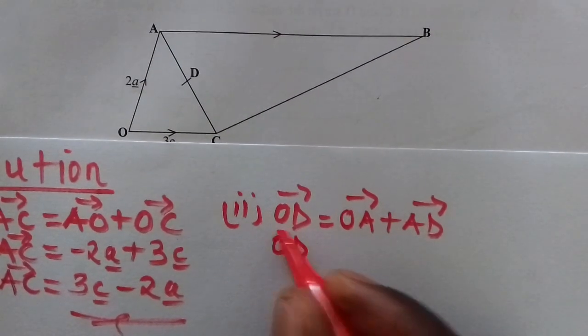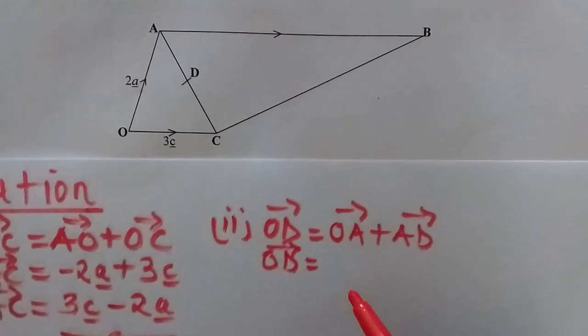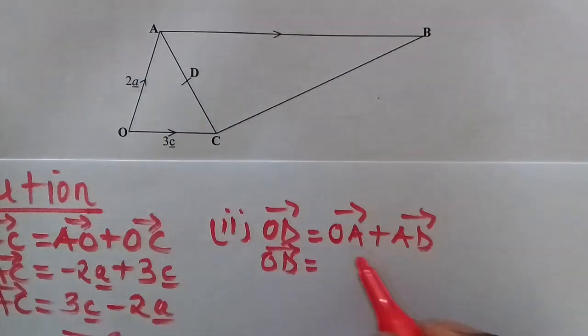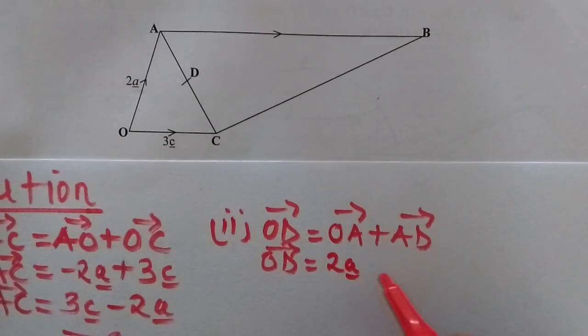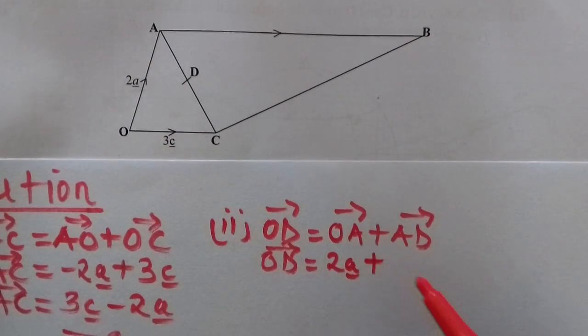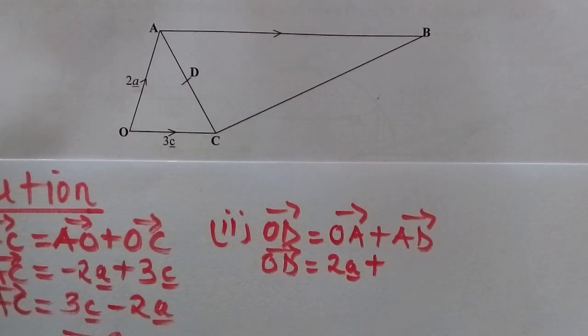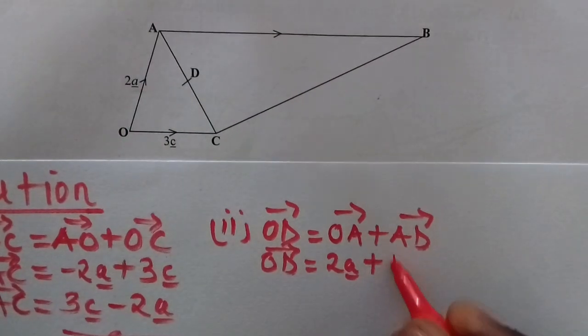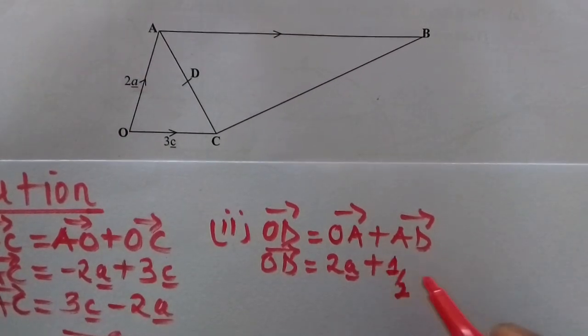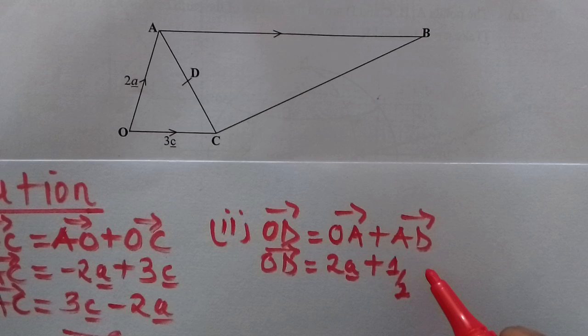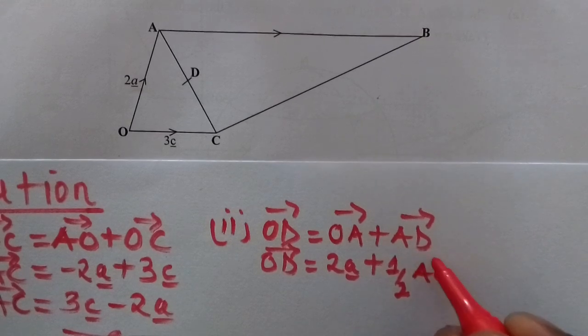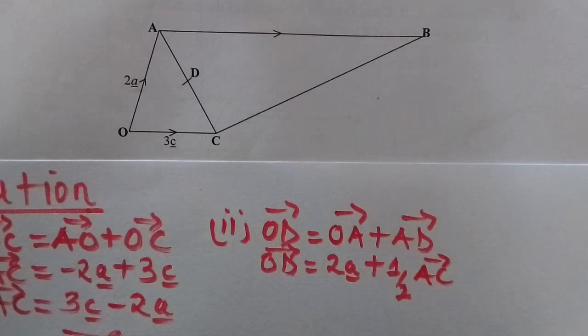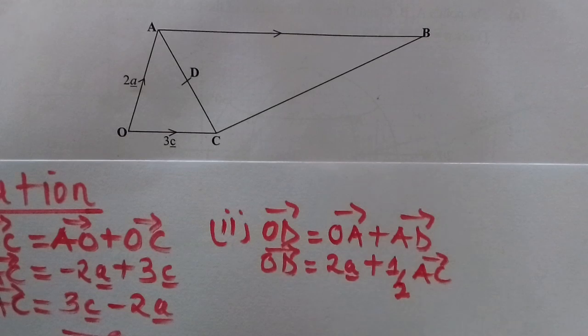OA is given as 2a vector, then plus AD vector. Since D is the midpoint, this means that AD is just half of AC vector.